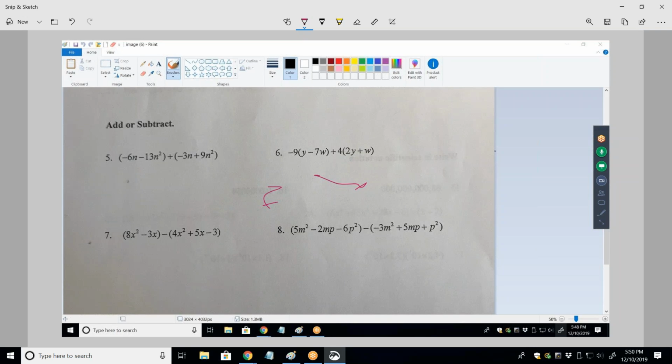No, I didn't fix it. Distribute. What do you get? Just distribute the term on the left.